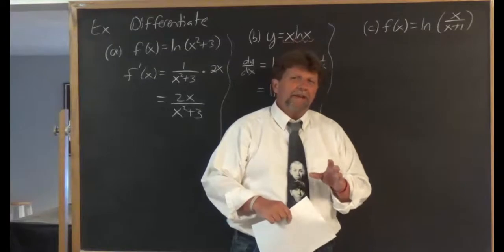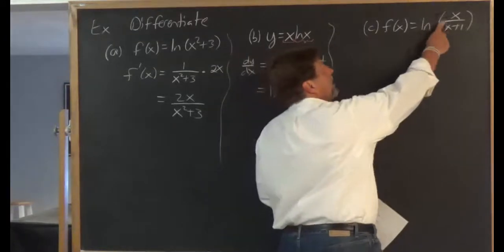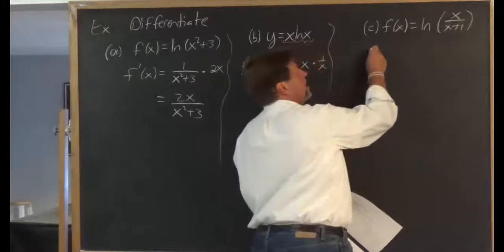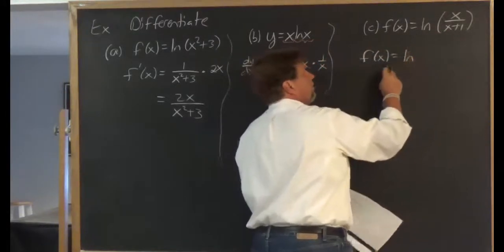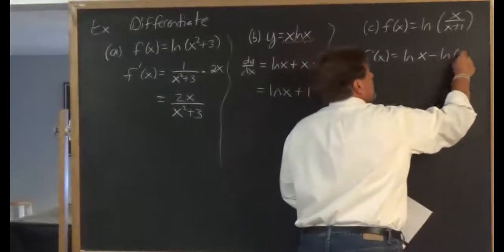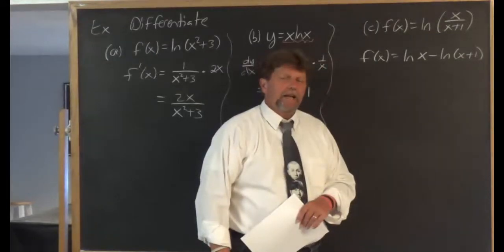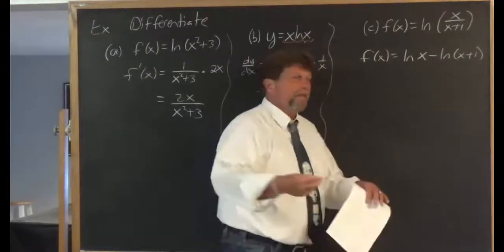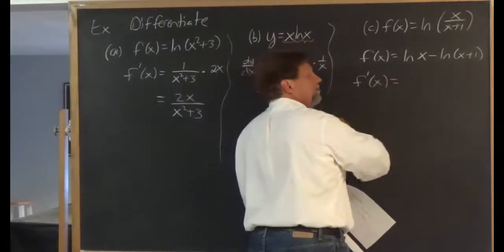If we take advantage of a law of logarithms, the fact that we have the natural log of a quotient, and we just make algebra the first step, rewrite the natural log of the quotient as the difference, ln x minus ln x plus 1. Then the calculus is just one step that isn't bad.